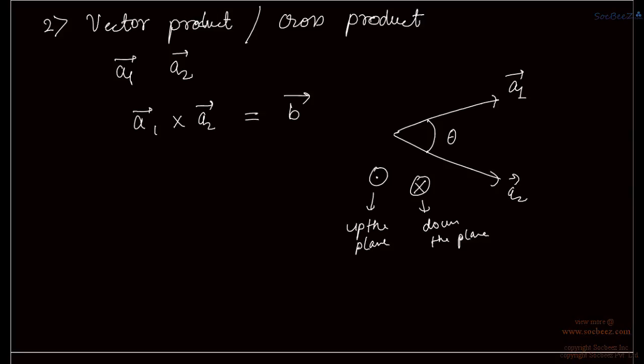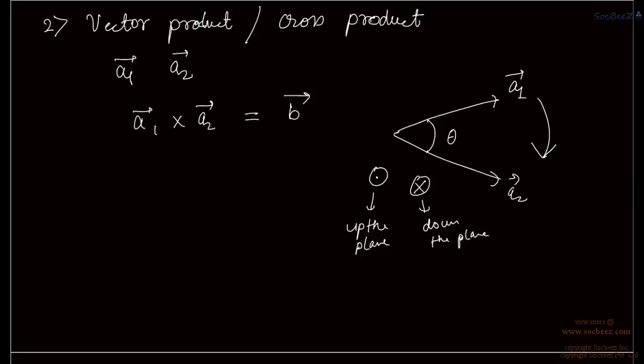So we will get another vector whose direction is either up the plane or down the plane, depending upon A1 cross A2 or A2 cross A1. If it is A1 cross A2, then we are moving from this side to this side. That means if we curl all four fingers of the right hand, then the thumb will point down the plane.